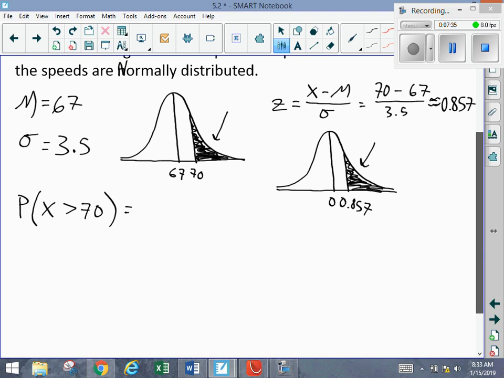That is the same thing as the probability that z is greater than 0.857. That's equal to whatever you find on your z table, which we said was 0.8051. Okay?